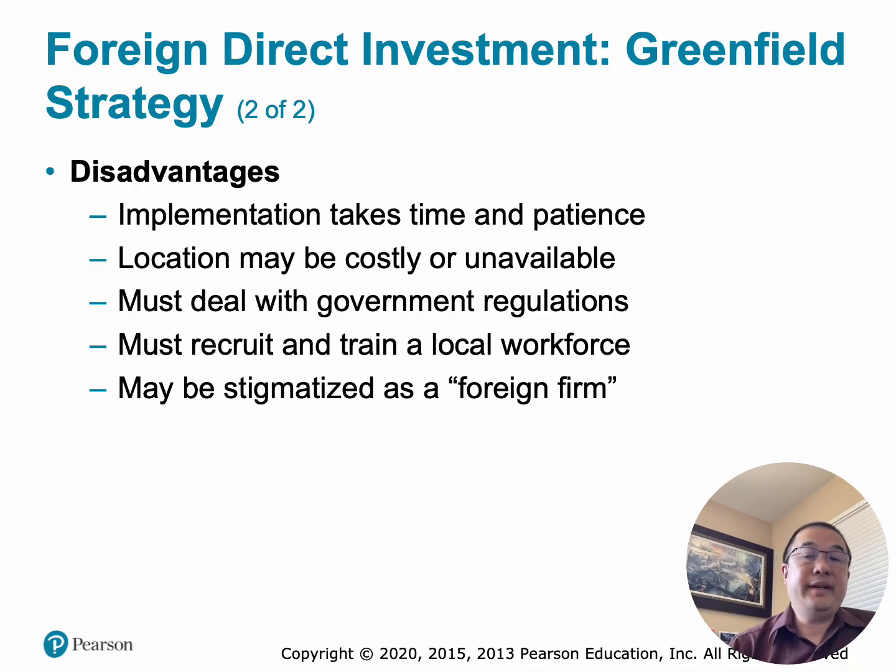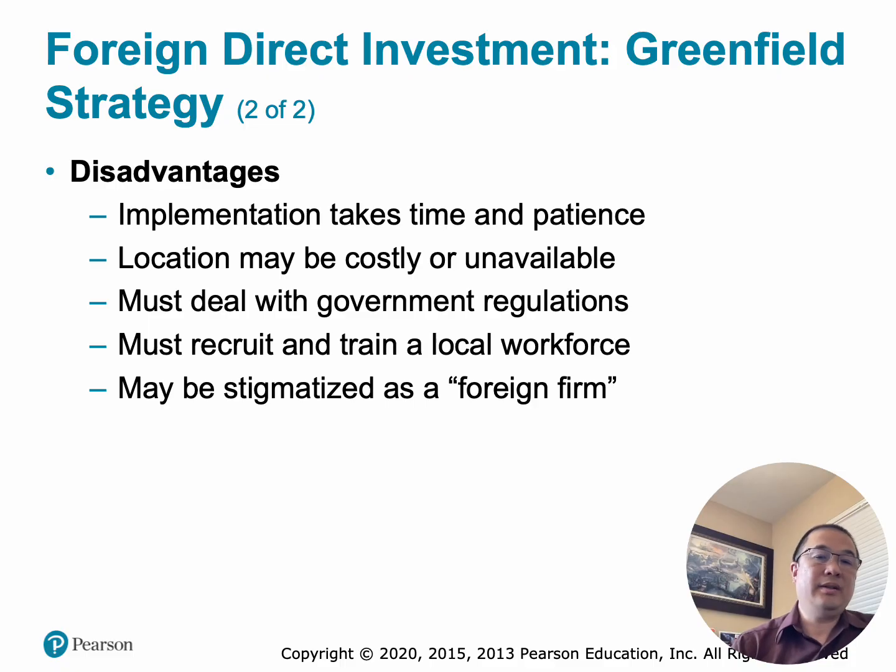This explains the disadvantages of a greenfield strategy. While greenfield investments provide maximum control, they also involve significant costs, time, and risk. So number one, implementation takes time and patience. Building a new operation is a long process.